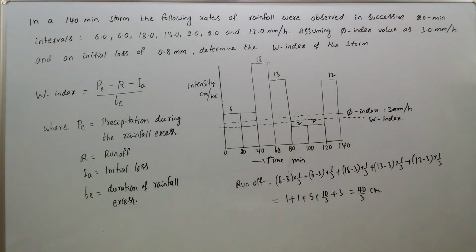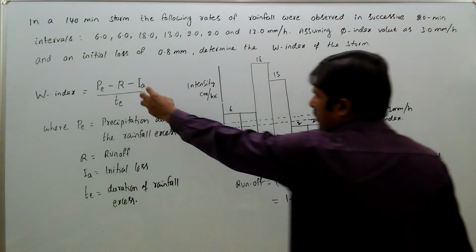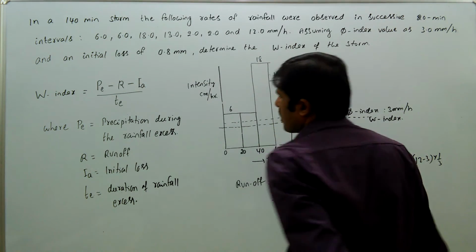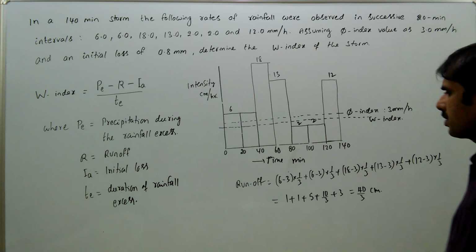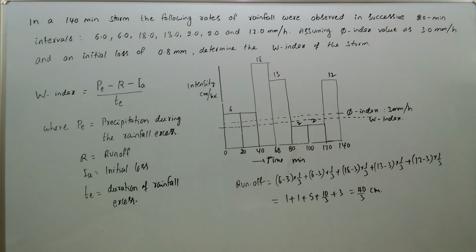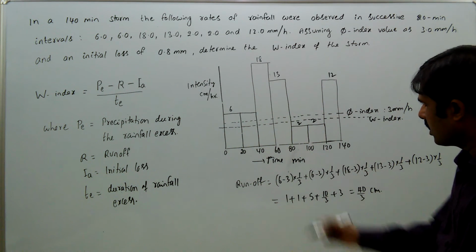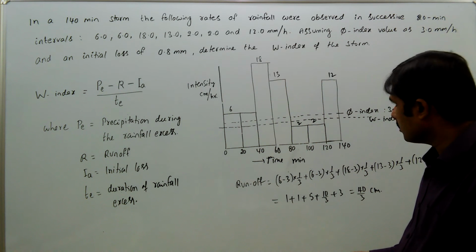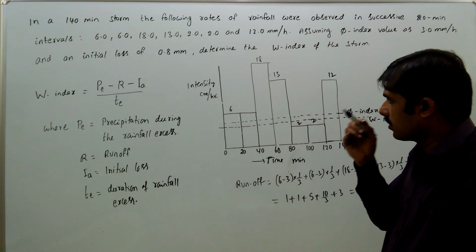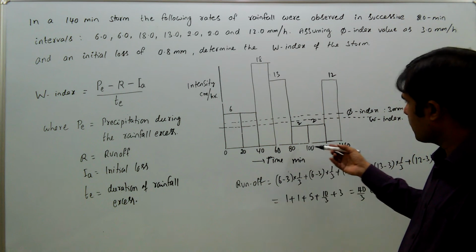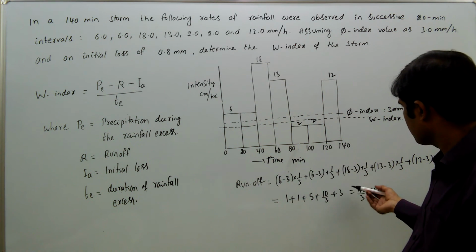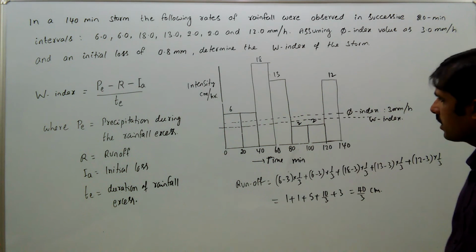If there is no initial loss, W index and pi index are both the same. But if initial loss is there, W index is a little less than pi index. That means now we will check it.